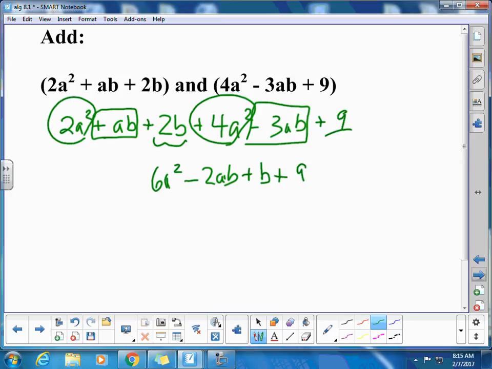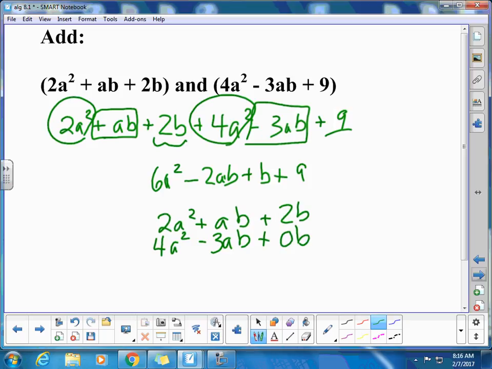Now let's do this one vertically. So I would have 2a squared plus ab plus 2b. And then underneath it, I want to line things up. So I'm going to have 4a squared minus 3ab plus 0b's plus 9.